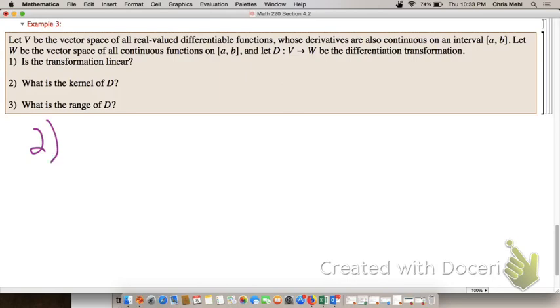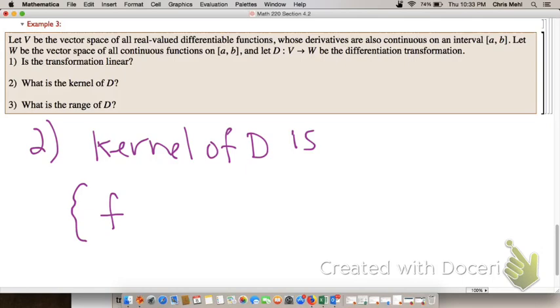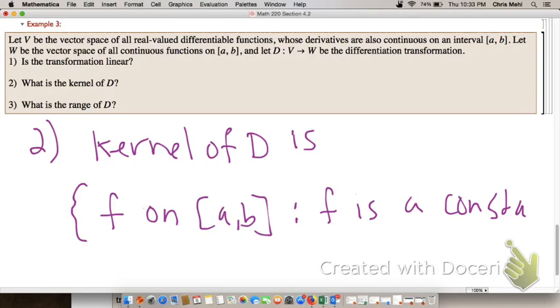So for number 2, what I can say then is that the kernel of D is the set of all functions f on the interval AB such that f is a constant. So that takes care of the kernel.